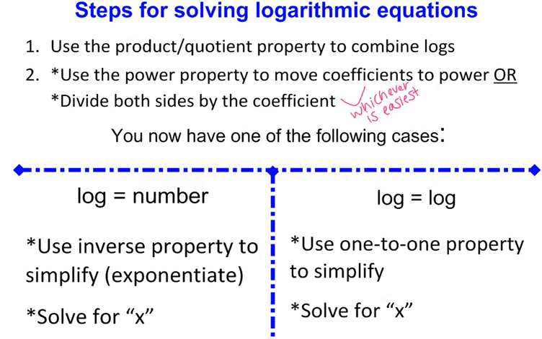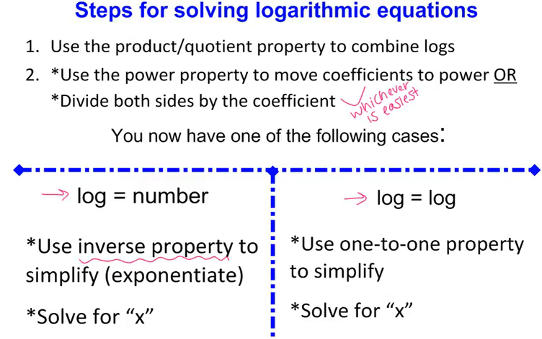Alright, so once we do all the necessary simplification with our properties, we're going to end up with one of the following two situations. You can have log equals a number, or log equals a log. Whenever you have log equal to a number, that's where we have to use our inverse property, where we take it and turn it into the exponential form.